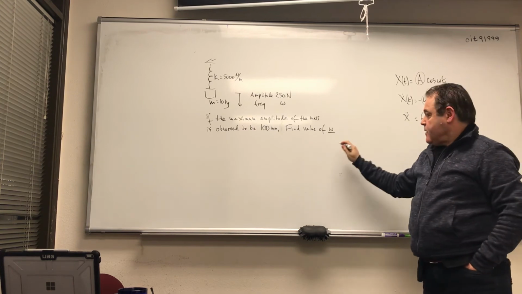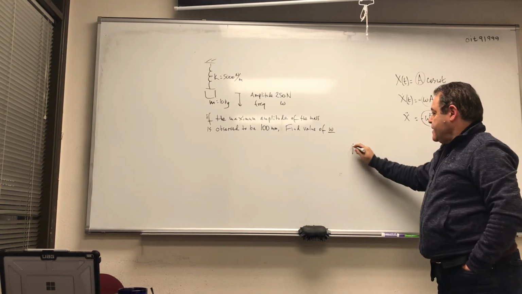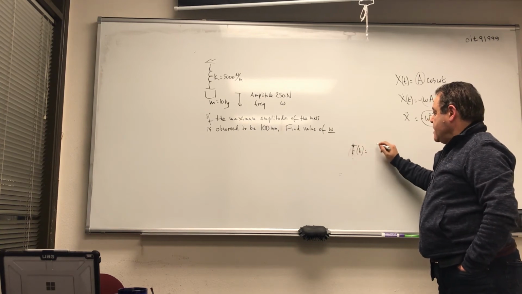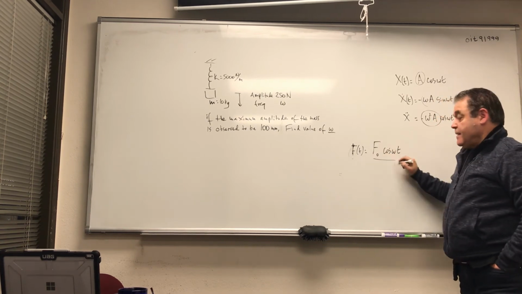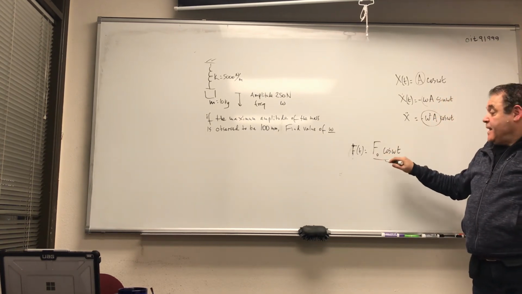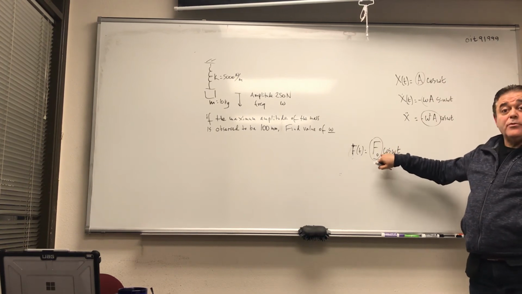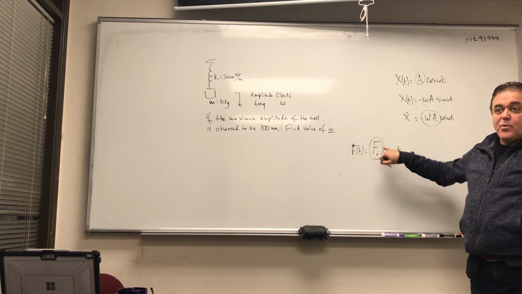When you have x of t, or f of t, a function equal to F0 cosine omega t, this is the forcing function. So what is this one? 250. It's the amplitude of the forcing function. That's why it's in newtons.